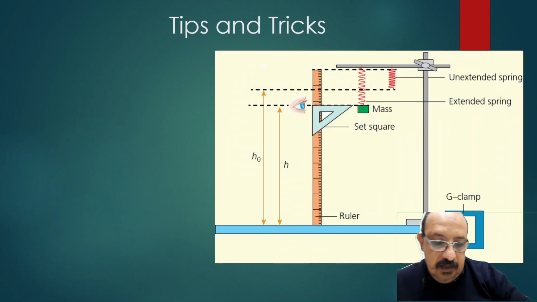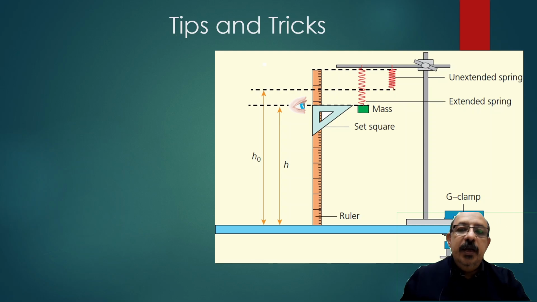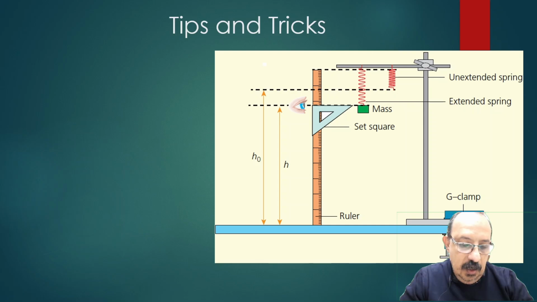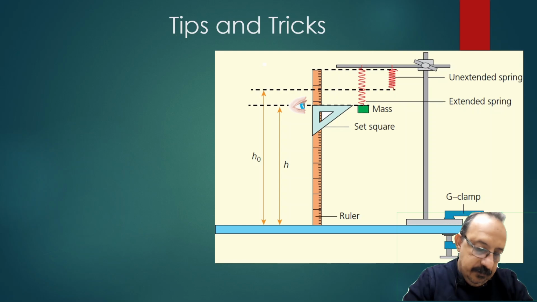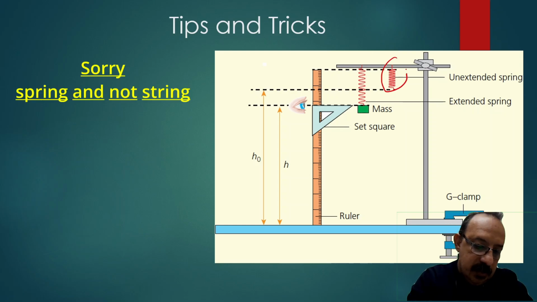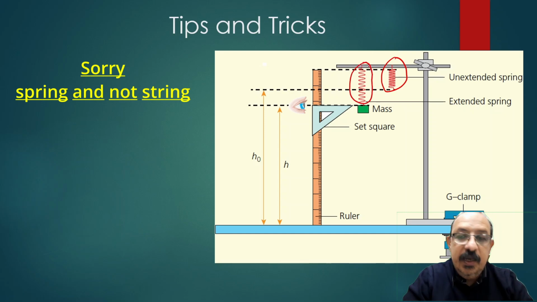Another setup that we usually encounter is if you are asked to use a meter ruler to measure the length, for example, of a string. You are asked to measure the length of a string or the extension caused by weight on a string, something like this.